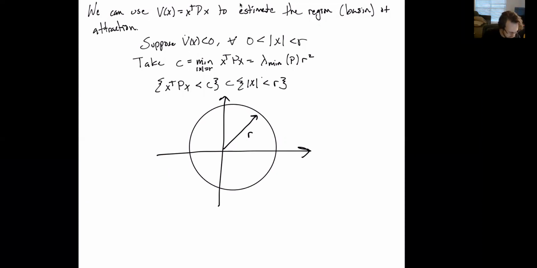All right, so I have a circle with radius r, and then there's an oval or some other shape that's contained in this, like that.